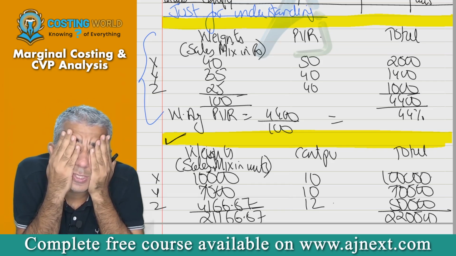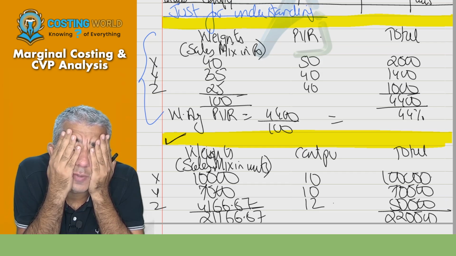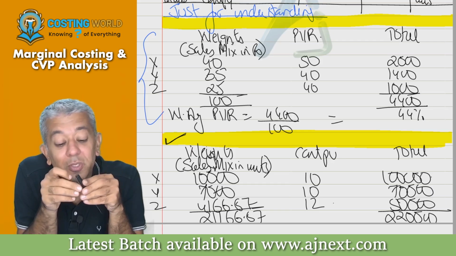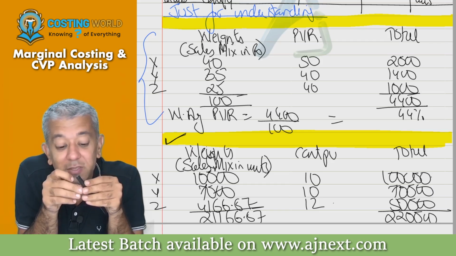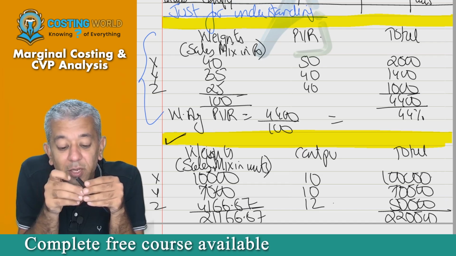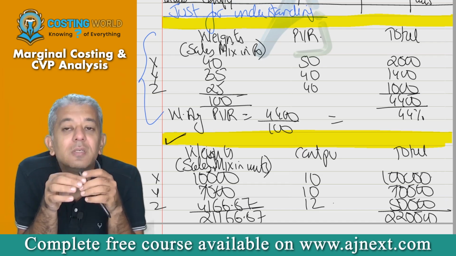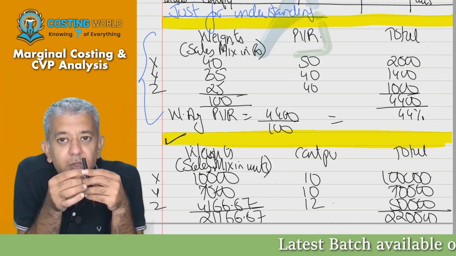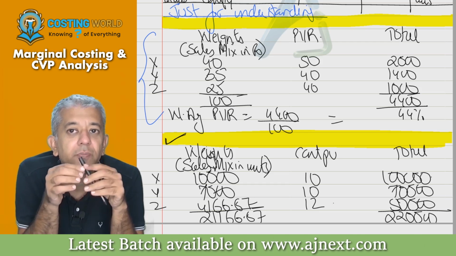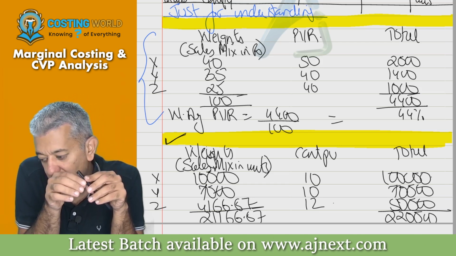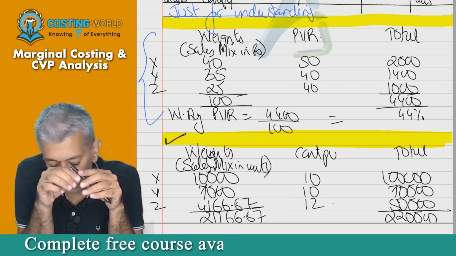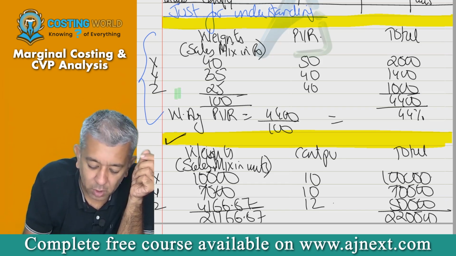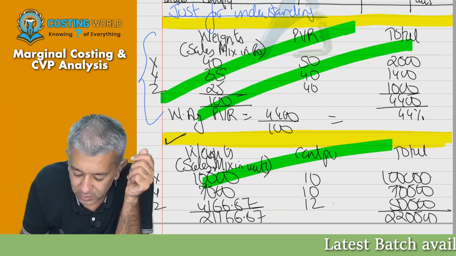Beta, it is the same thing that I have told before, just the PV ratio word will get replaced by contribution per unit. Okay. Contribution per unit of the company also represents weighted average contribution per unit of the three products, taking weights as sales mix in units. In those 10 lines that you have left, please copy down this, and then after the second note, please copy down this.